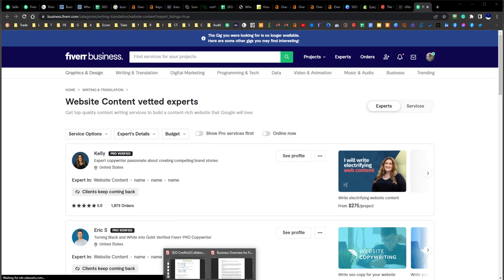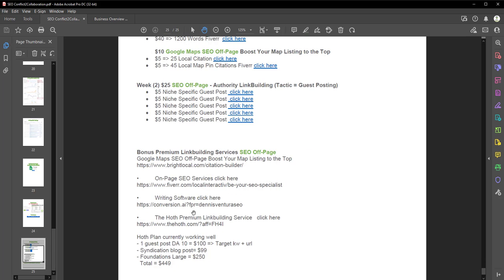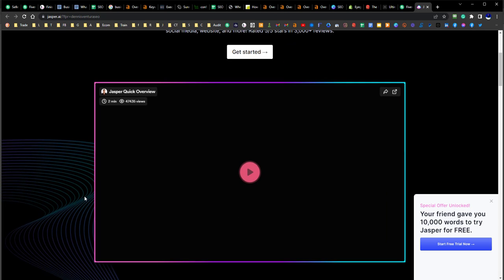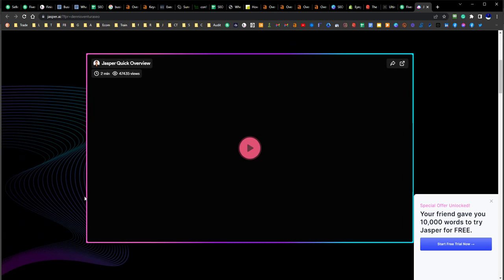Another way, if you're trying to do this yourself, there's a tool called Jasper. Essentially, it's an AI-based tool that helps you write content more efficiently. It's definitely not just put in a subject and press a button and it's going to write all your content. You do need to have somebody behind it writing it and checking it for grammar errors, but it is going to speed up your process.